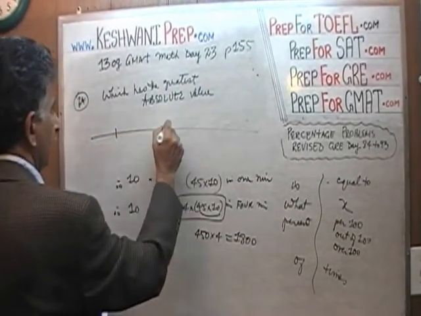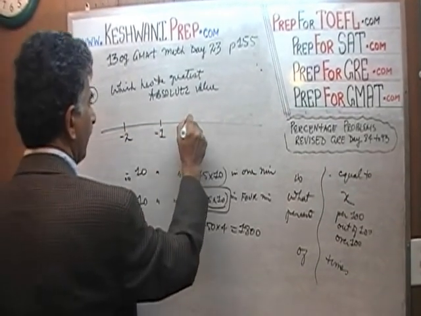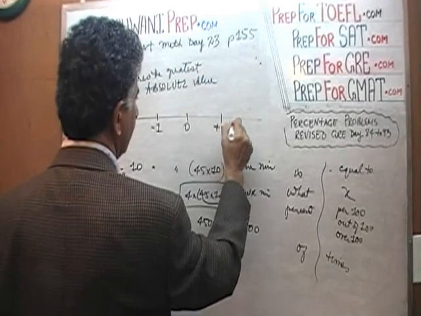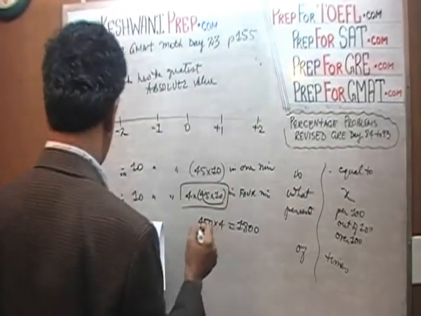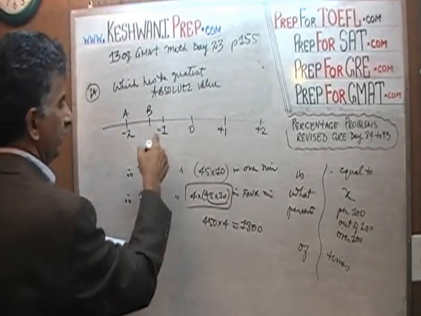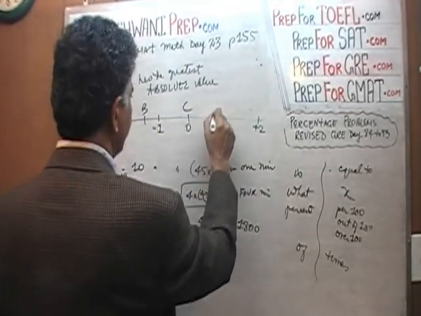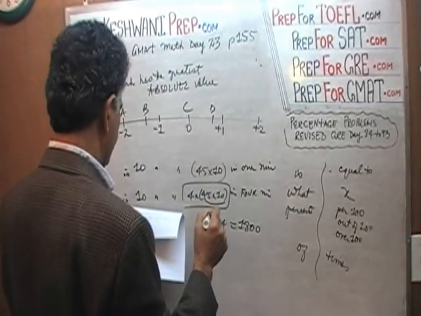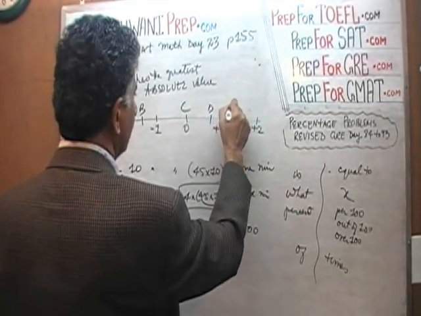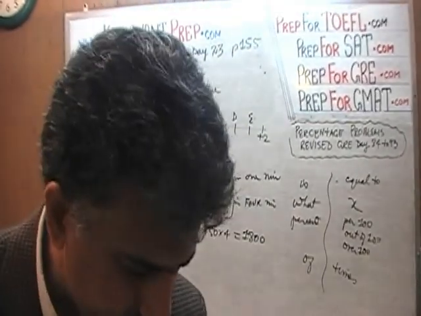We have -2, -1, 0, +1, and +2. And here is A, B is somewhere between -2 and -1, C is right at 0, D is a little bit more than 1, and E is a little bit more than that, but it's less than 2.